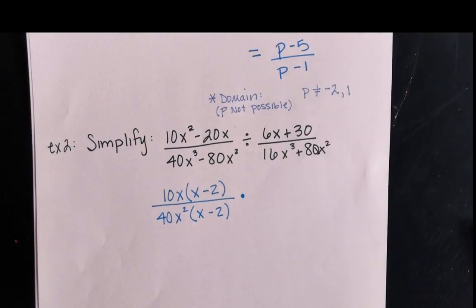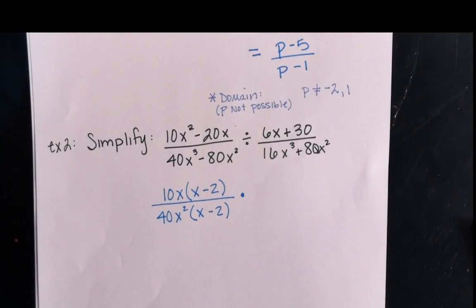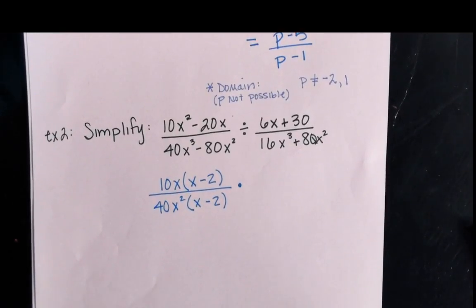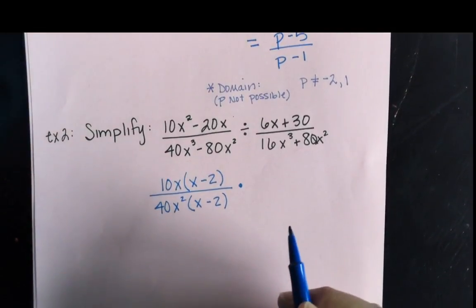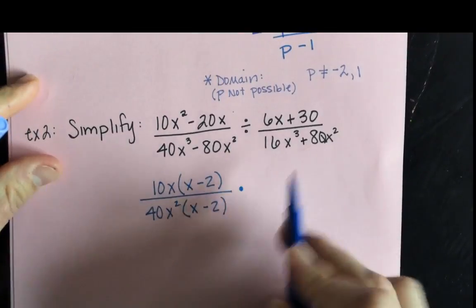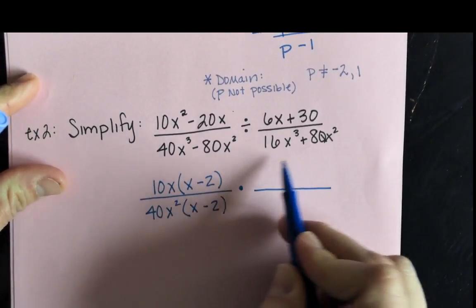The whole point of this again is to cancel, so you should see some common values top to bottom, left to right, that kind of idea. Then we're going to go ahead and notice I've changed the sign for keep change flip to multiplication, and what's on the bottom I'm now going to put on the top.